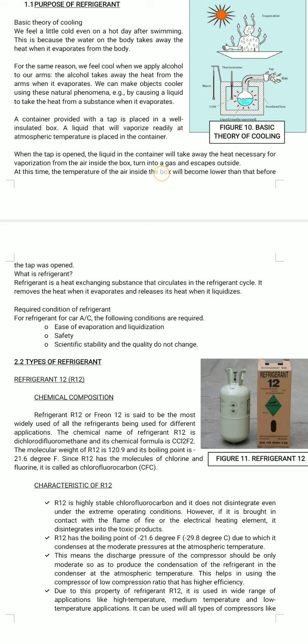And also, a refrigerant is a chemical compound used as the heat carrier, which changes from gas to liquid and then back to gas in the refrigeration cycle.